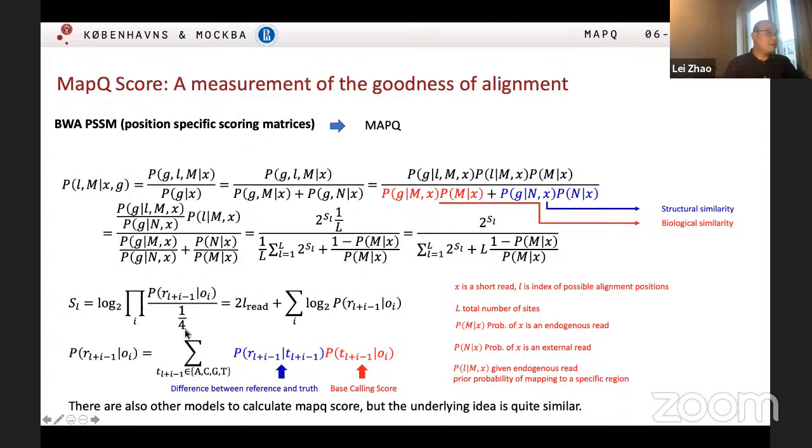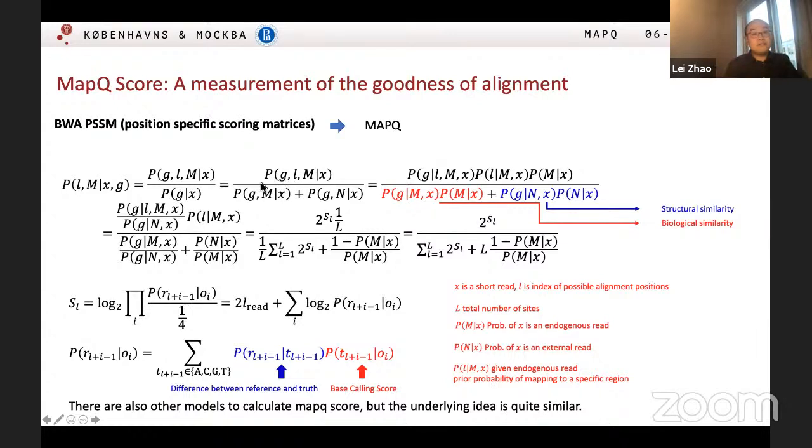Multiply them together regardless of this false. So the numerator gives you the probability that a read comes from human and is mapped to position little l, and we know the reference genome.